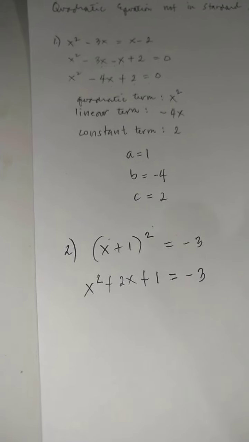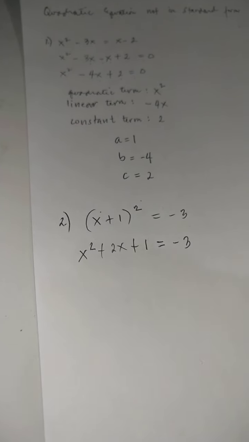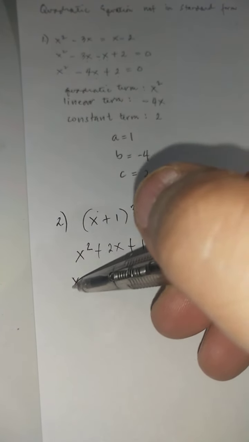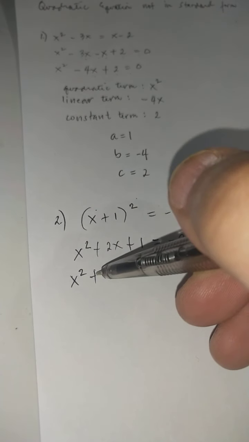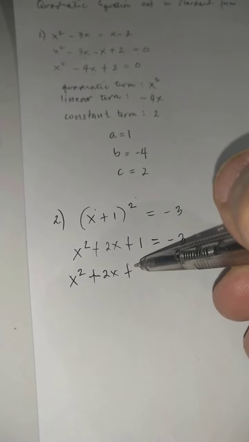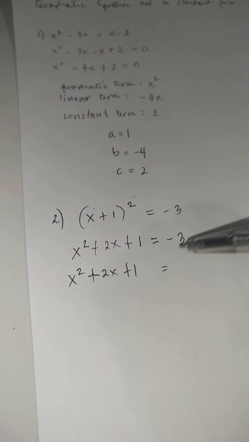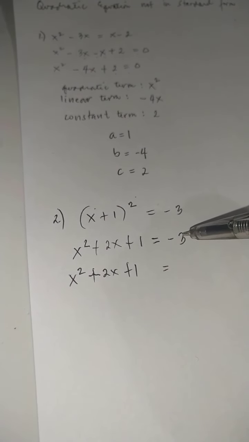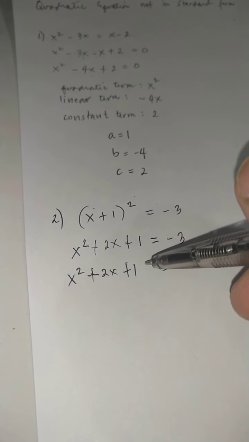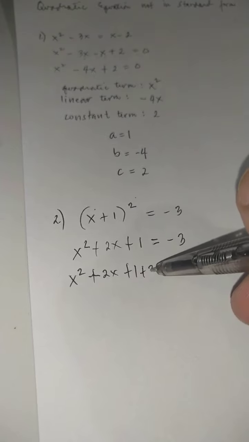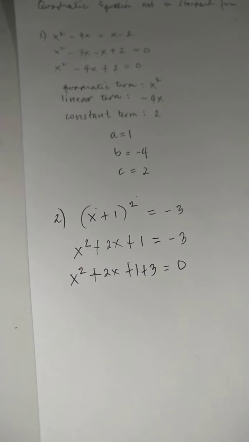Equals negative 3. Next, we have x squared plus 2x plus 1. By addition property of equality, the negative 3 from the right side of the equation to the left side will become positive 3 equals 0.